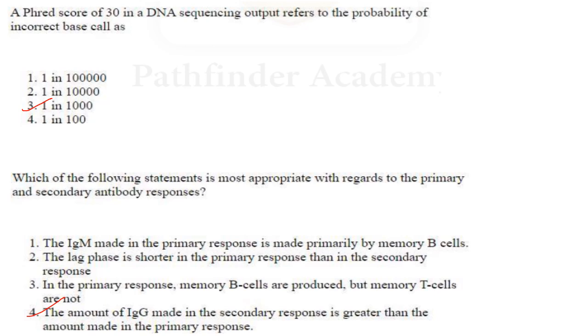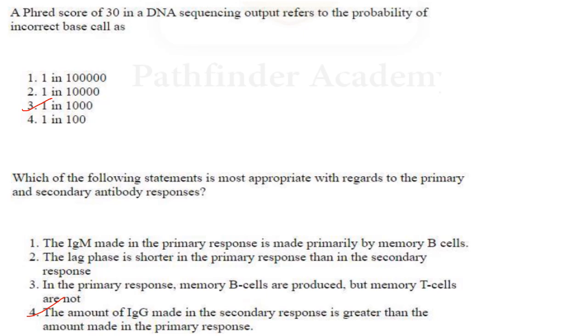Secondary exposure causes memory cells to form and not primary response. Secondary response occurs because of the presence of memory cells, so the secondary response will have a shorter lag phase, whereas the primary response has a longer lag phase. So option 2 is also not correct.